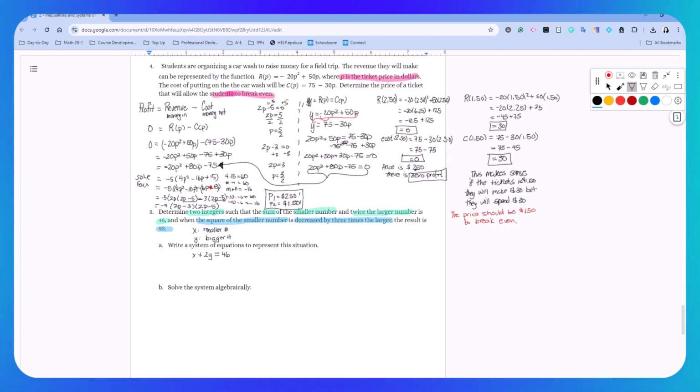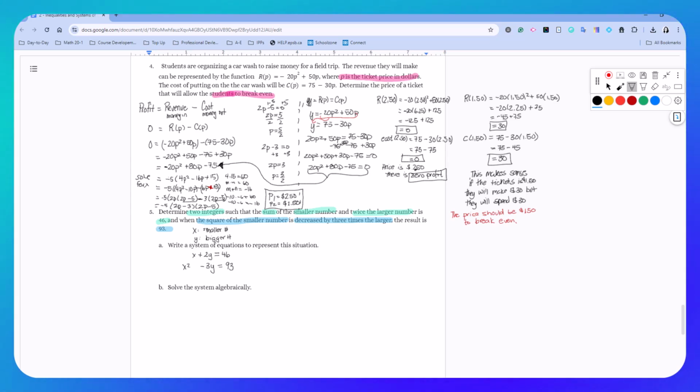But the other one is the square of the smaller number. So now we're squaring this thing. And we're subtracting 3y, and that's going to give us 93. So 3 times the larger number minus 3y. So decrease by 3 times minus 3y.